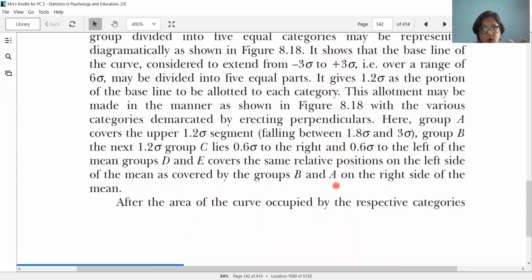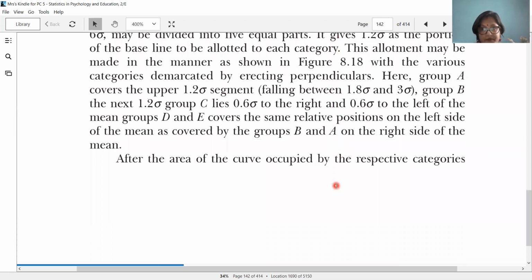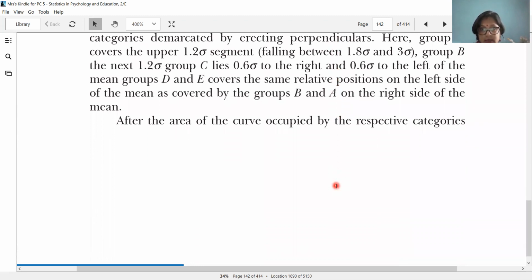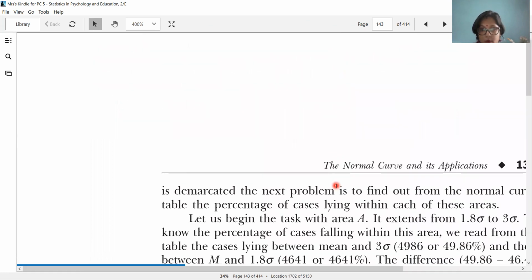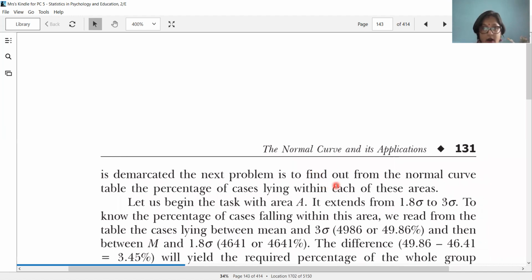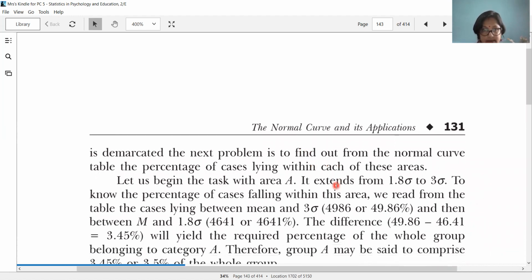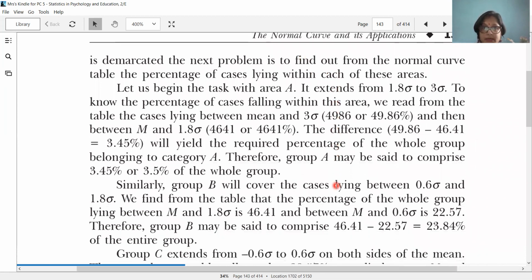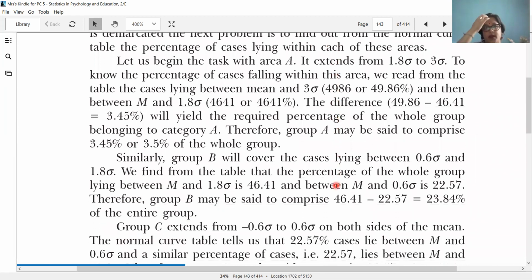After representing the particular areas in the curve, we need to find out the percentage of cases or number of individuals lying in each of the categories. So please see carefully. Let us begin the task with area A.